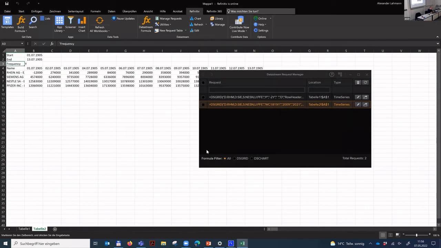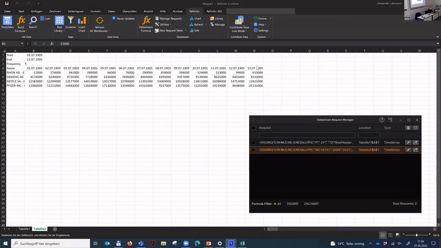I see something wrongly formatted here, but fine. So what you see here is, now it has downloaded the EBIT of those corporations for the last 12 years. Okay, so this is how you would download direct data into an Excel sheet.